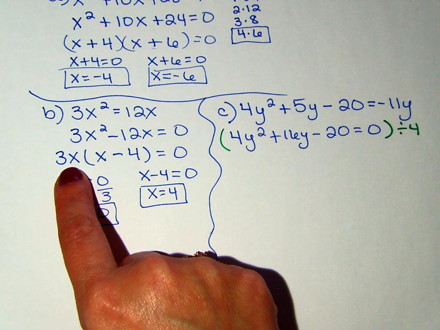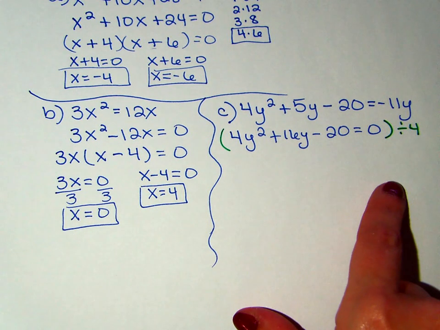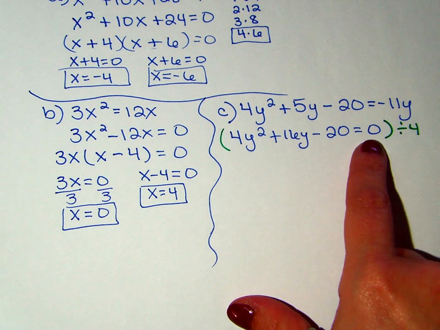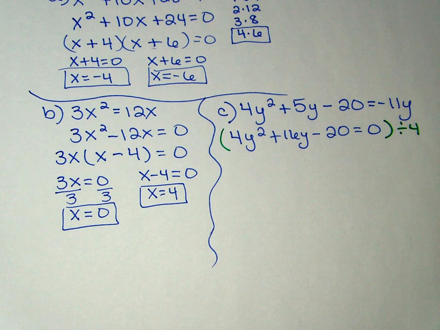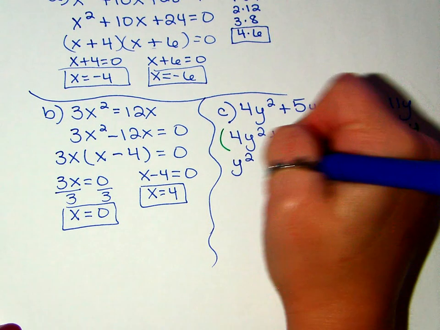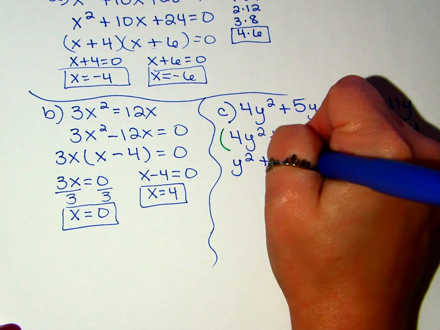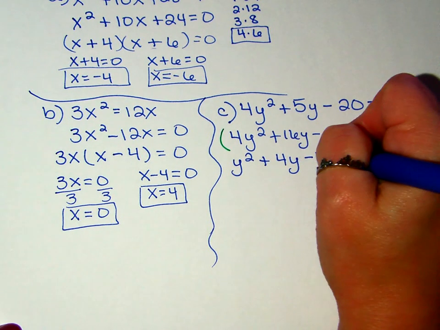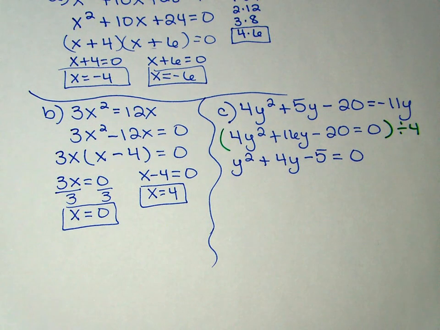If you're just pulling out a constant and everything is set equal to 0, you can actually think about just dividing everything, including the 0, by that constant, which will leave us with y squared plus 4y minus 5 equals 0. If you did not recognize that a 4 pulled out of that, you could still factor it.